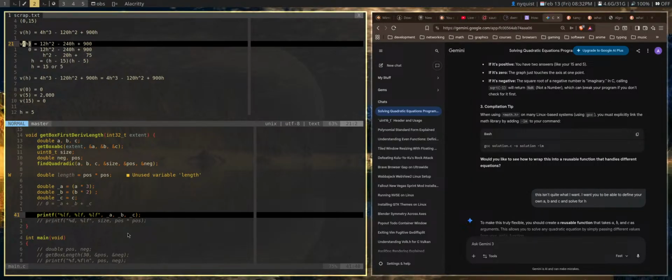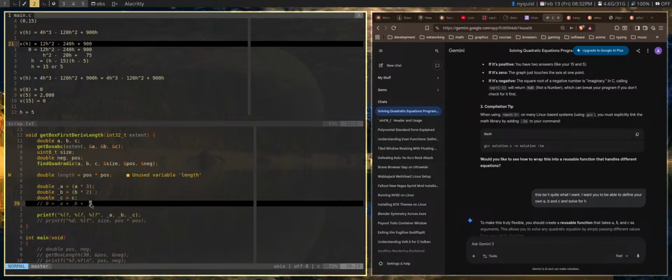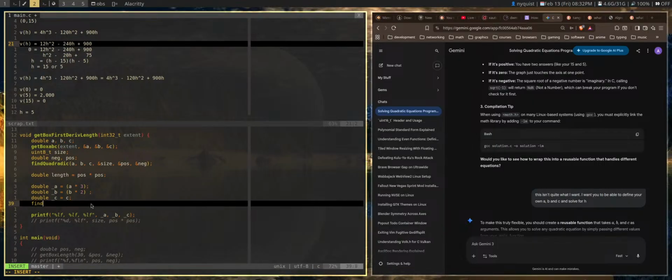I am overthinking this. I'm pretty positive I am. Oh, if I already have A, B, and C, I can use the quadratic formula. Duh! Is this really... Please, if this is all I had to do, I'm gonna be so upset.